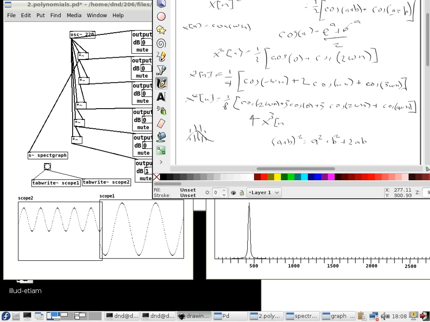Okay. Now what I'm doing then is I'm taking this and I'm taking 4 of them to cancel out this 1/4 so that we will get cosine of 3 omega n. The problem is I will also get 3 times the cosine of omega n. So I'm just going to subtract 3 times the cosine of omega n, which I already had. This is a simple situation where I just have to subtract one harmonic out.